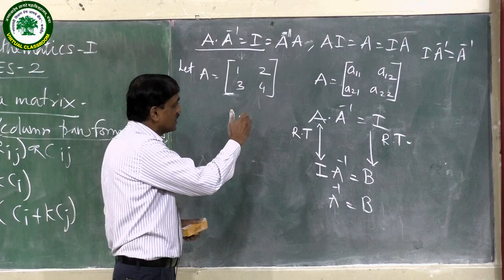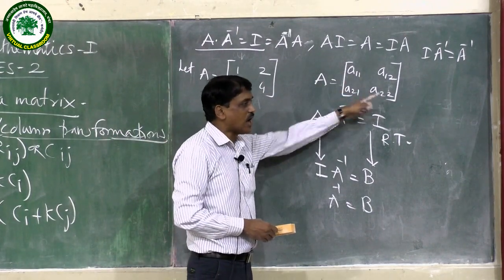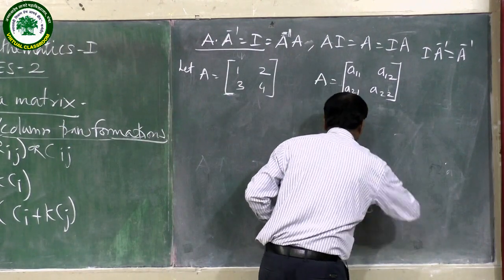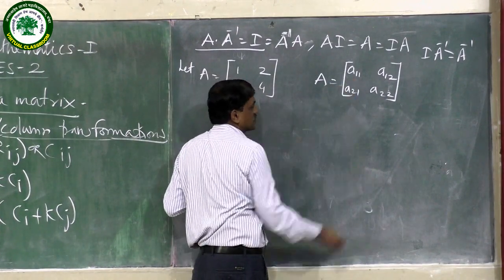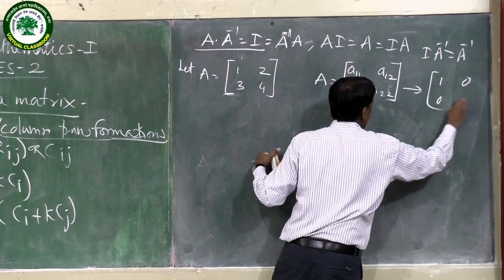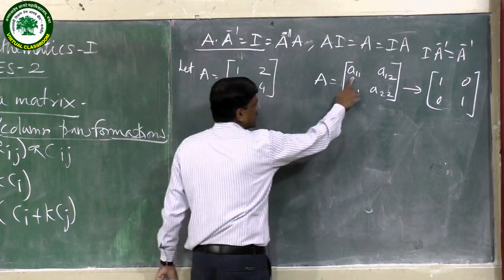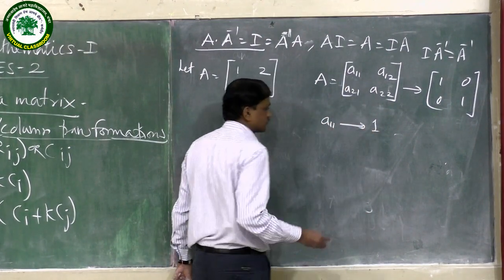Now, what are the steps to follow while converting the matrix A into I? See, the matrix A is like this, it is the given matrix. We have to convert it into the matrix like this, 1 0 0 1, matrix I, identity matrix. So convert the first element A11 to 1, first step.